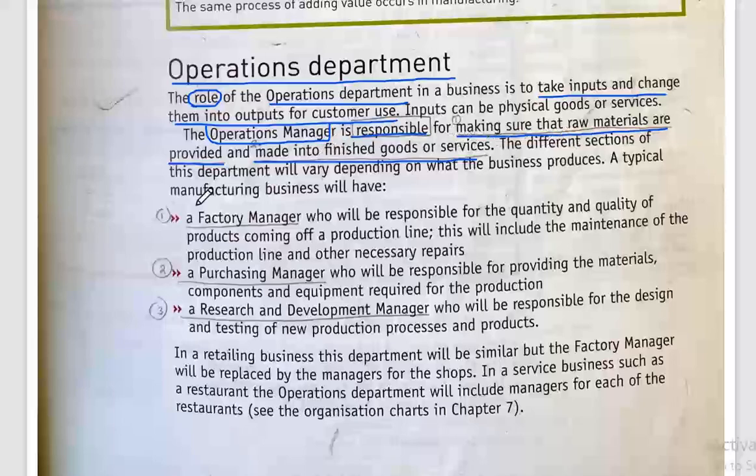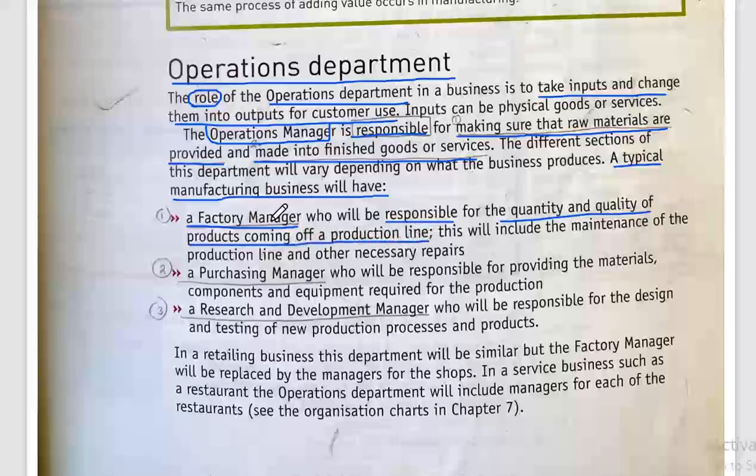The different sections of this department will vary depending on what the business produces. So a typical manufacturing business, if I'm a business that actually manufactures goods, has three other managers, starting with a factory manager. Who is a factory manager? He is the one who is responsible for the quantity and quality of the products coming off a production line.